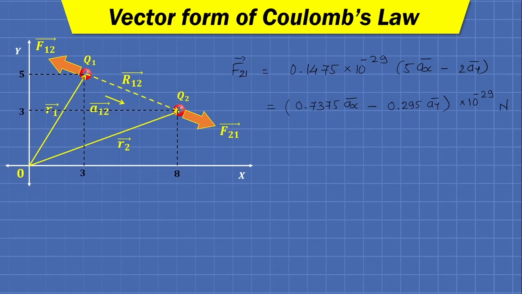So as you can see, for two electrons or protons which are separated by several meters from each other, they will possess very little force, because here it is 10 raised to minus 29 Newton. So practically it may be possible that you will not observe any movement of an electron and proton, or two protons or two electrons, at such a huge distance.